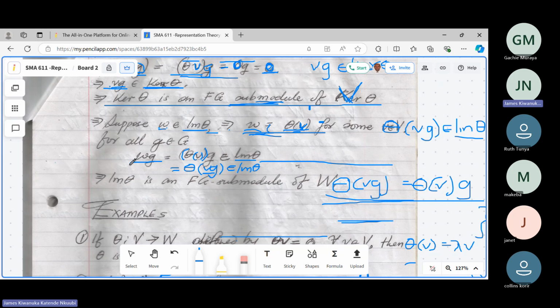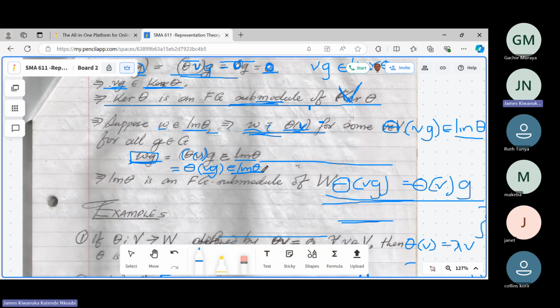So that tells you that if you pick any element W from the image, then WG will give you an element in the image. So that's the only thing left, because we already established it's a subspace. We now confirm that this multiplication is preserved by the subspace, or rather the subspace is invariant under this multiplication.